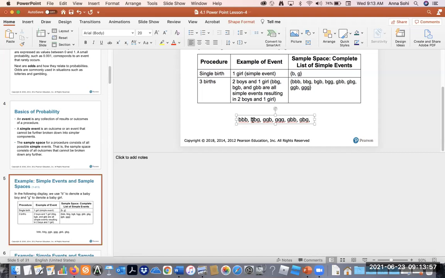Then you would say, what if I have boy first, then girl, and then the third one could be a boy, or the third one could be a girl. So this seems to be all the possibilities. 1, 2, 3, 4, 5, 6, 7, 8.